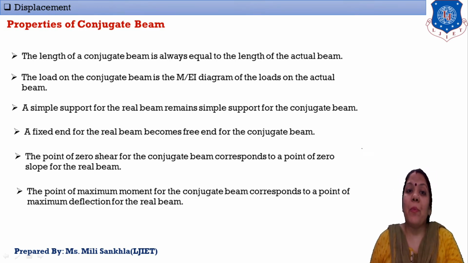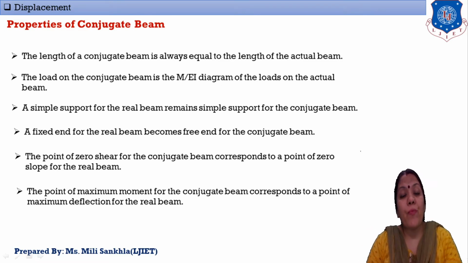Now, a simple support of the real beam stays as it is in our conjugate beam, there is no change. Then the fixed end of the real beam is converted into a free end. And an important thing: the point of zero shear in the conjugate beam corresponds to the point of zero slope in the real beam.